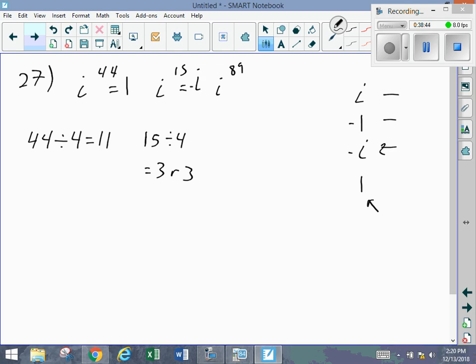Negative i. 89 divided by 4 is 22 with a remainder of 1. So it's i. So where are we at? We just go through the first one on the list. So far, B and C are imaginary.